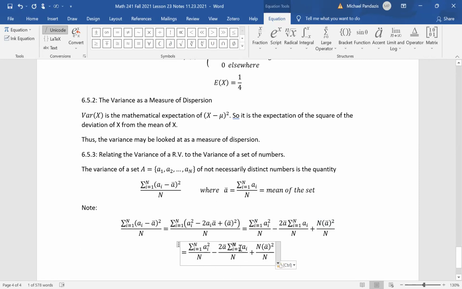Now this term is A bar, so you have another A bar here, and so here the N's cancel. So you just have that. So that's A bar squared.